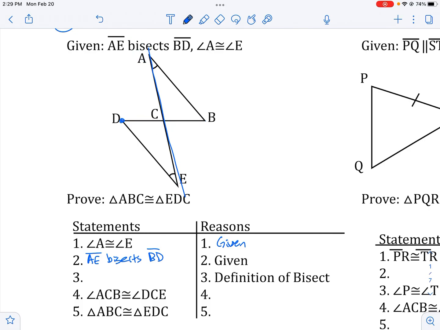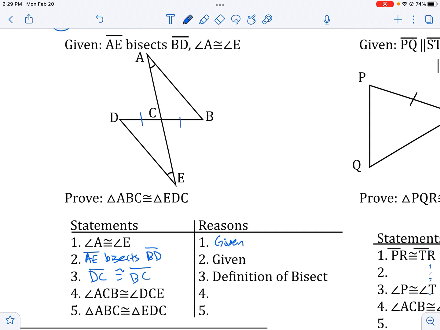Well, if it cuts it exactly in half, that lets you know that these two parts are congruent to each other. And so I'm going to put that. DC is congruent to BC. And that's by the definition of bisect. To bisect is to cut exactly in half, so each half is congruent to each other, or to cut into two congruent parts. Okay, so we've got that line figured out.